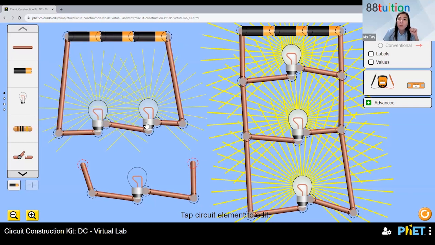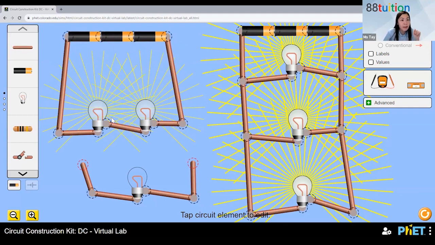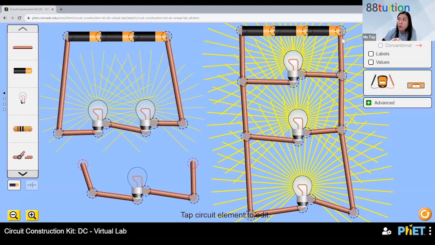Because when we arrange the light bulbs in series, they are sharing the amount of electricity that passes through them. Over here, they have their individual path. So every path is a circuit on its own. Can you see that? So they don't share.